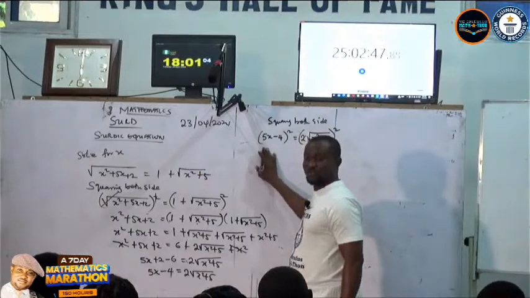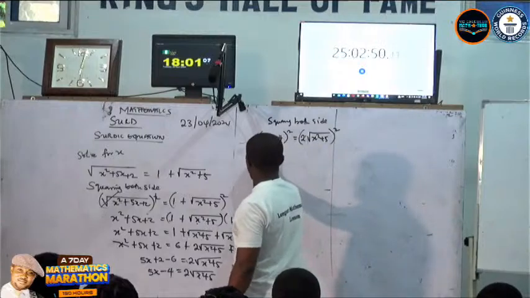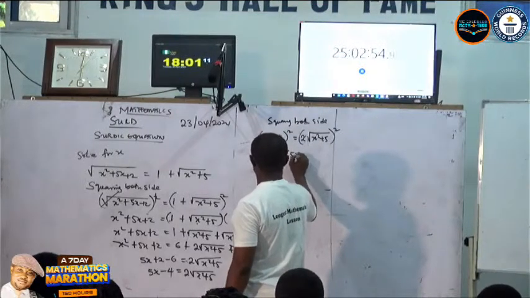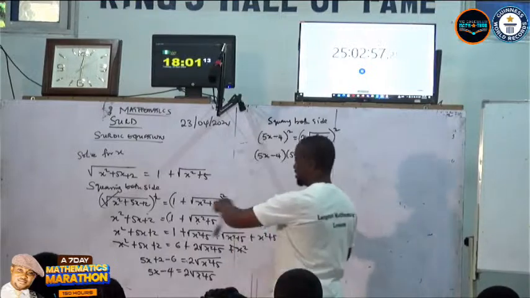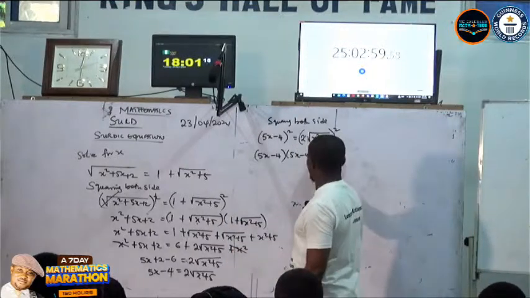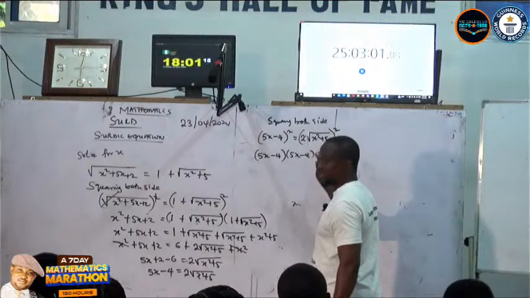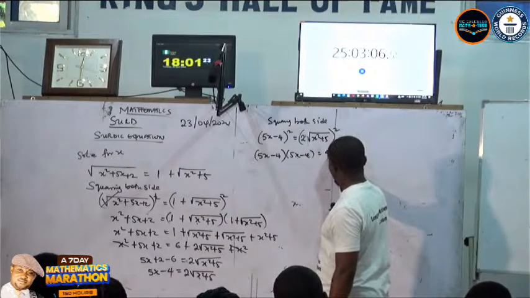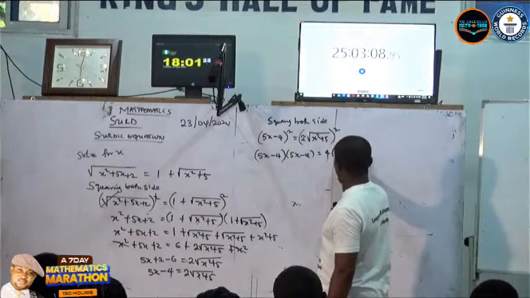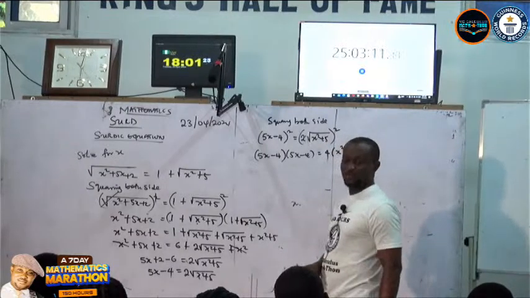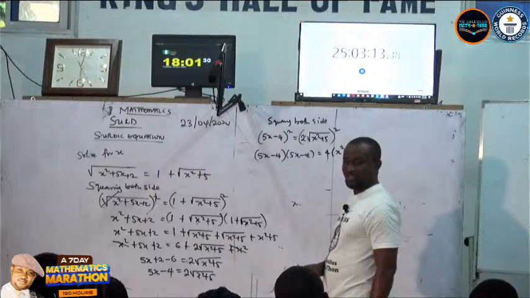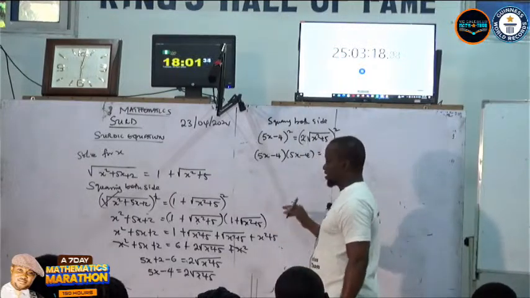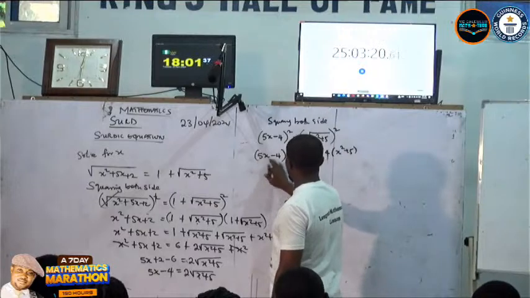Meaning that this will be 2. So I will have 5x minus 4, then 5x minus 4 in the left hand side. And the right hand side, these two will cover this and this, meaning that that place will now be 4, then into x squared plus 5, because it will cancel out that square root. Are we together? So at that point, we open this bracket. If I open this bracket, you see that 5x times 5 will give me what?